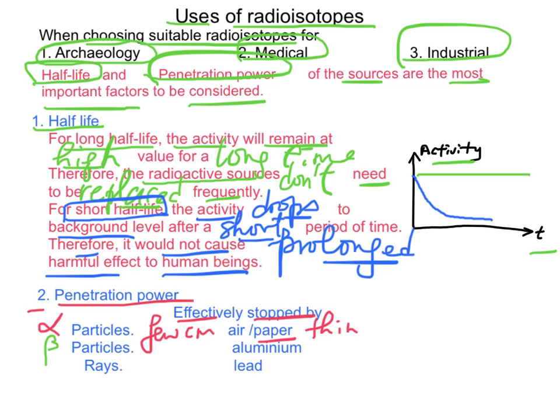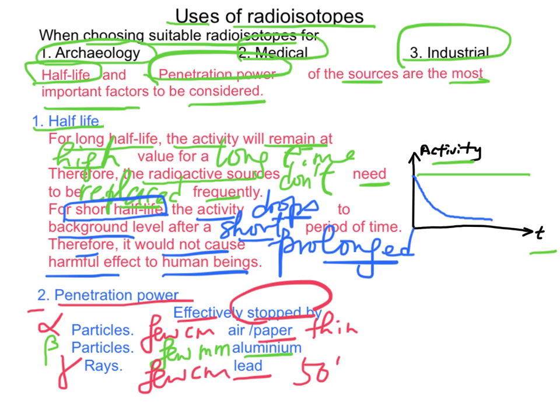While beta particles can be absorbed effectively by a few mm of aluminum plate. However, for gamma rays, a few cm thick lead plate can only absorb about 50% of gamma rays.